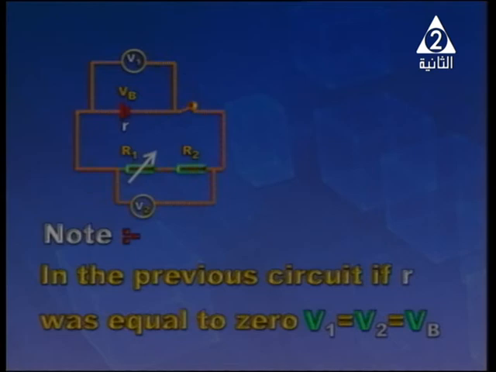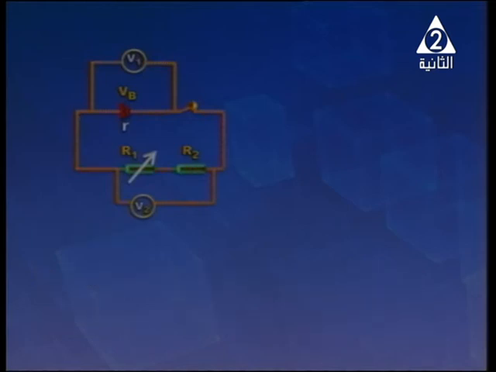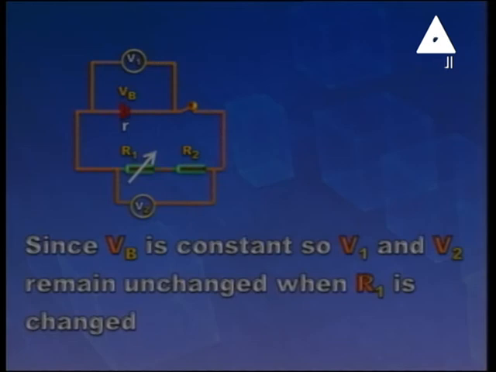So by changing R1, the value on each voltmeter will not be changed. Okay, so in this particular case, when r is equal to 0, V1 will be equal to V2, and each one of them will be equal to V battery. And since V battery is constant, V1 and V2 remain unchanged when R1 is changed.